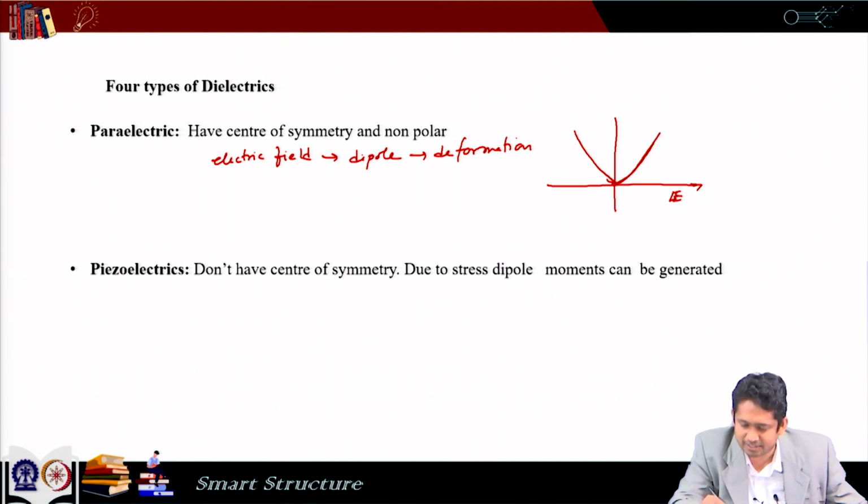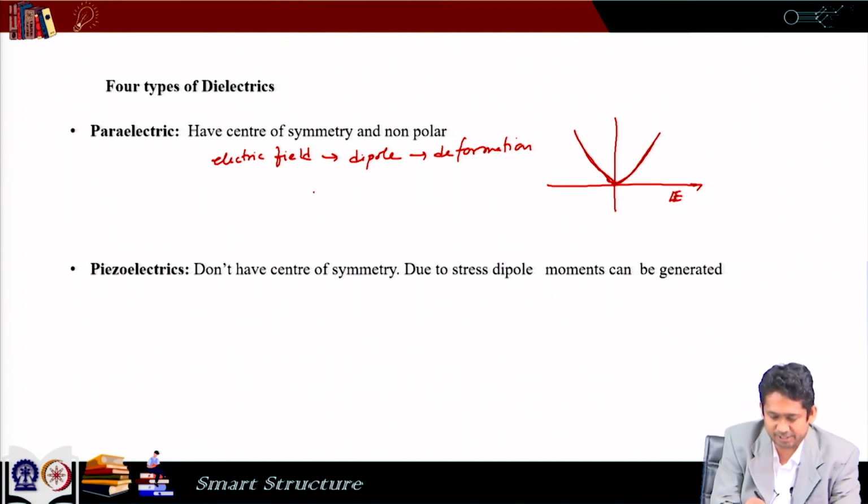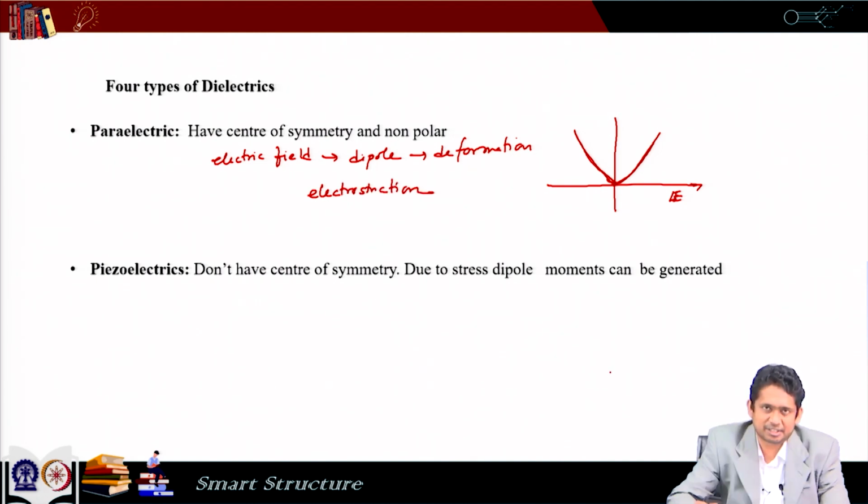And we have seen that this is seen in materials which are electrostatic. So, it is the phenomenon of electrostriction. All the dielectrics show some kind of electrostriction, but in some of the materials it is quite low, in some of the materials it is quite high.